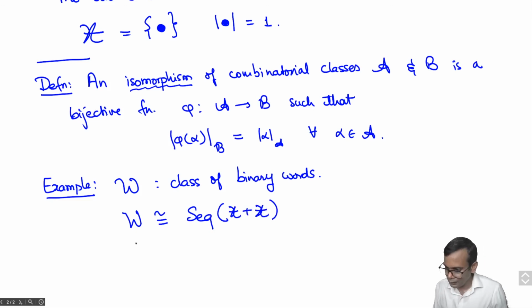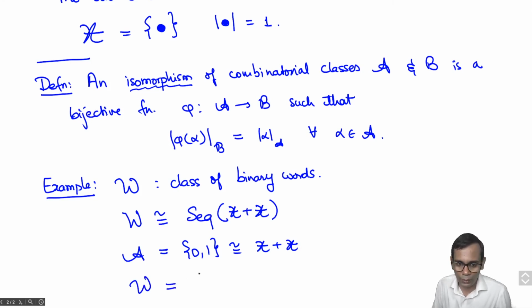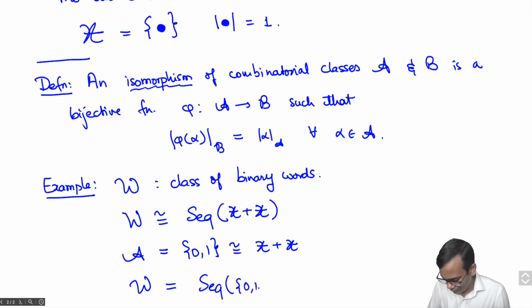Why is that? Well, our alphabet A consists of two letters 0 and 1, and that is isomorphic to x plus x because both have two elements, each of size 1. And of course, W is, as we said, words in 0 and 1, so it is really sequences of 0, 1, which is the same as sequences in x plus x.